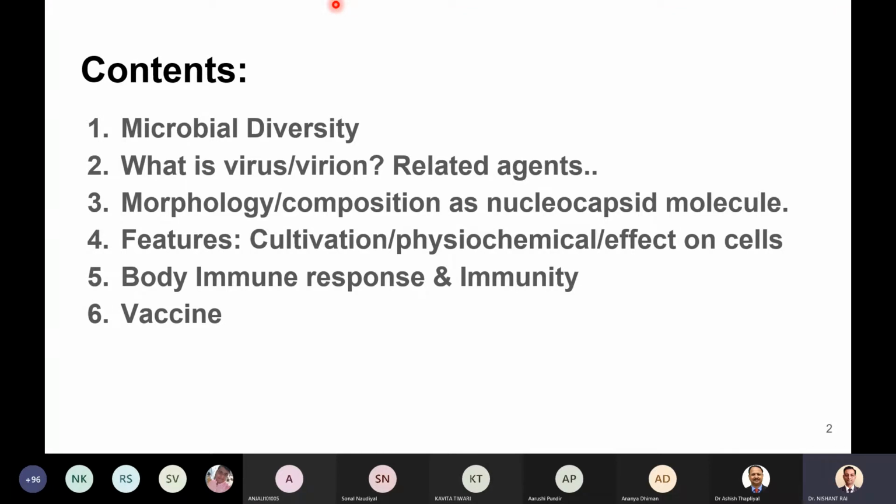Since I was very much interested in virology, I did my PhD in the area of rabies virus. I worked on DNA vaccines against rabies virus under an ICAR project known as the National Agriculture Technology Project, NATP.